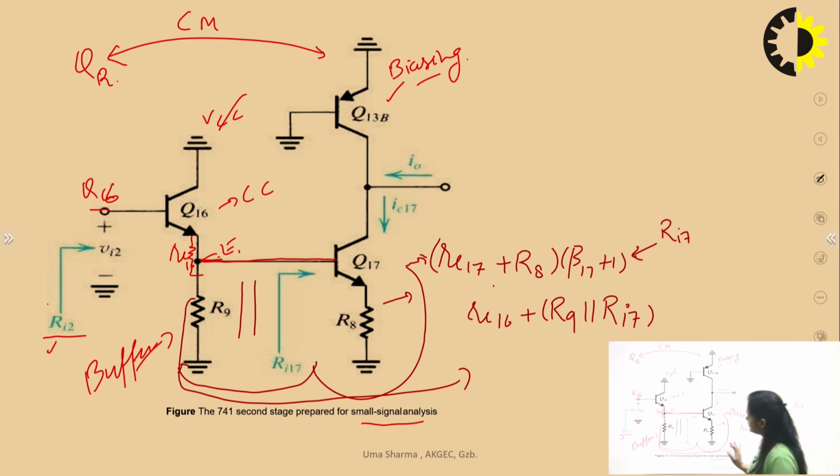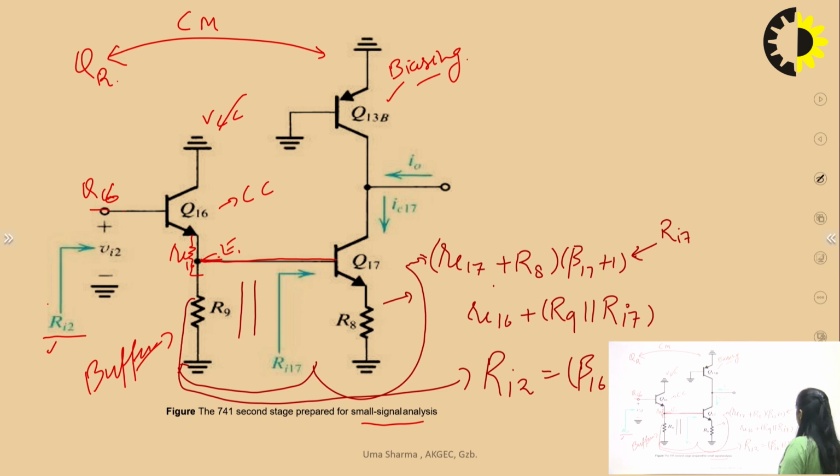So now we know the value of emitter resistance of Q16. So just by applying resistance reflection rule, we can calculate the value of Ri2. So Ri2 will equal beta 16 plus 1 multiplied by Re16 plus R9 parallel with Ri17.